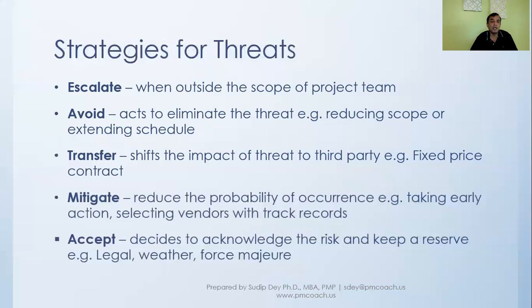For example, if we say some kind of weather risk, we don't know if there is a hurricane, it does happen, but we'll have some reserve because of the loss we'll incur and so on. So we are not doing anything about it. We are keeping a reserve and we just accept the risk when it comes. So these are different strategies for negative risk or threats.